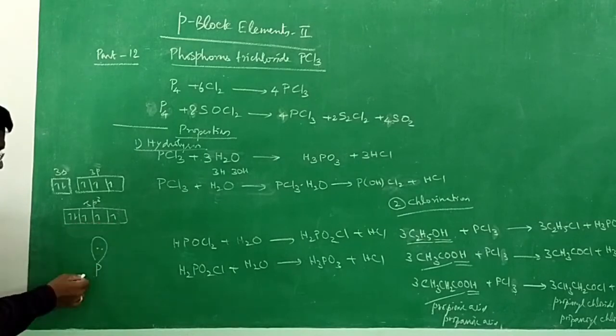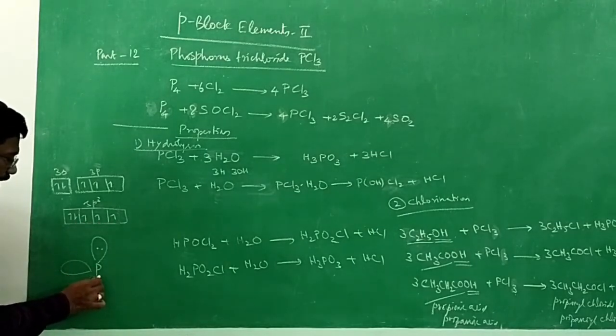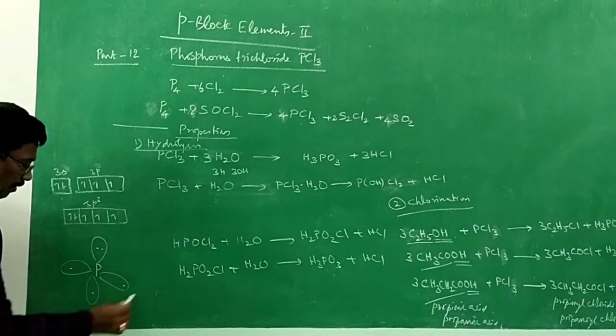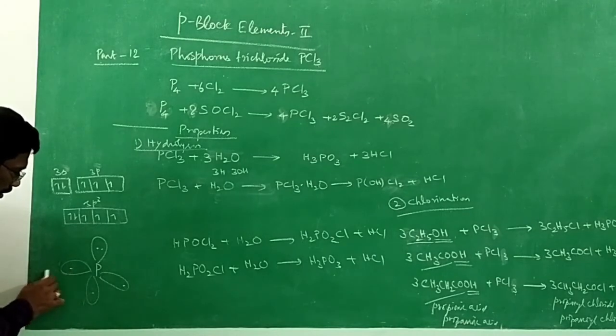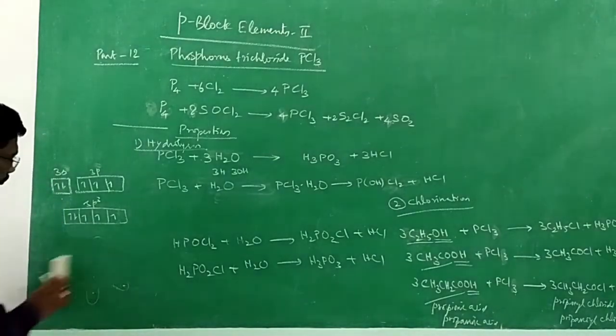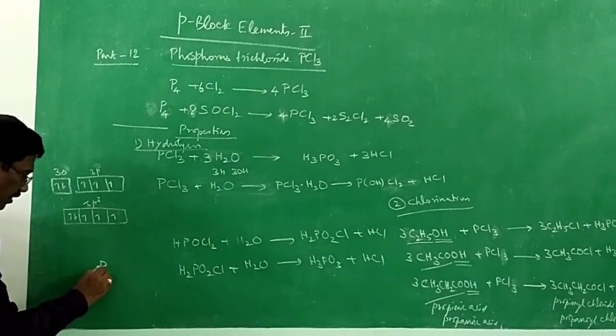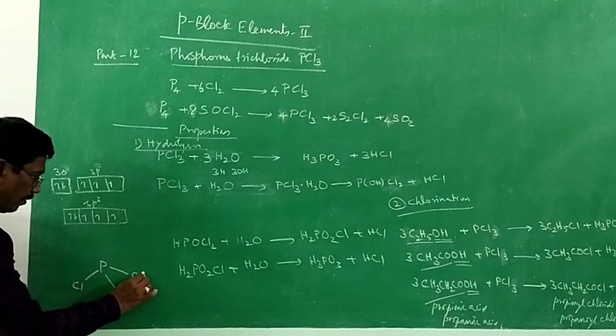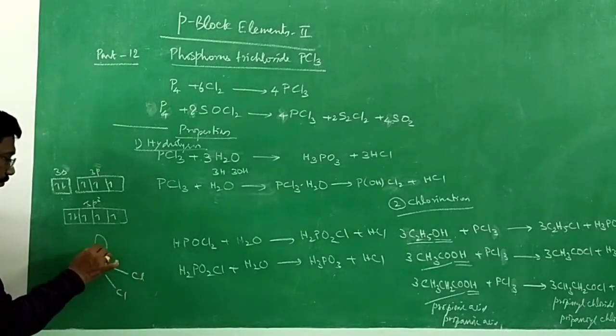These 3 sp3 hybridized orbitals with a single electron overlap with the p orbital of 3 chlorine, thereby giving a bond like this: phosphorus, chlorine, chlorine, chlorine, and a lone pair.